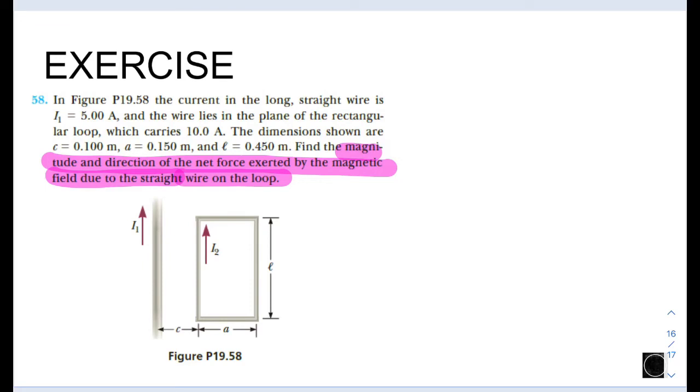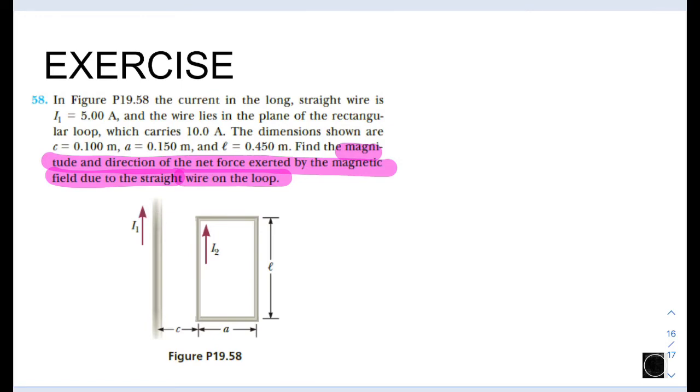So by using right hand rule number 2, or Grab's rule, first thing first, we need to determine the B produced by long straight wire 1. Place your thumb along I1, grab wire 1.